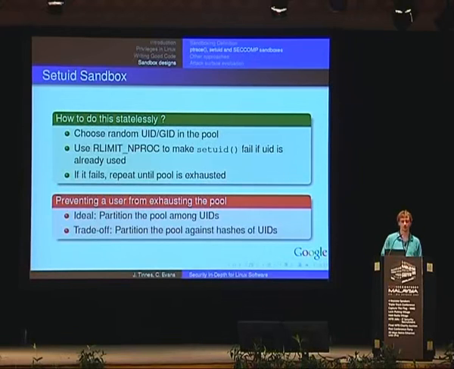So the trade-off we had was to actually partition the pool against hashes of possible Linux UIDs. And so that was a nice trade-off which worked really well because we also made sure that the hash we used would have the following property of not having collisions between successive UIDs.